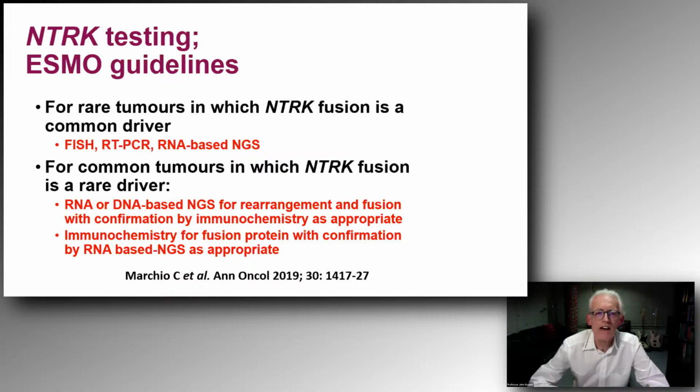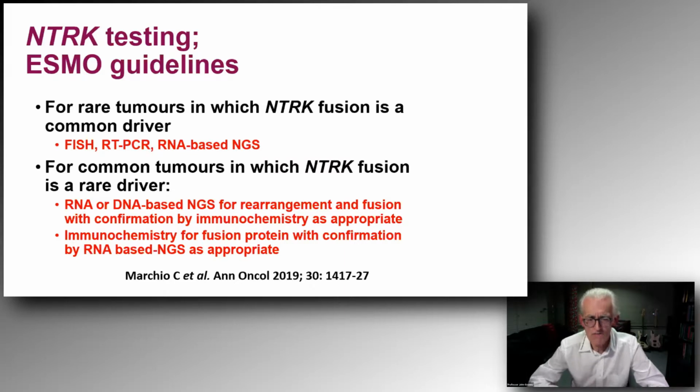Alternatively, you can use reverse transcriptase PCR, the kind of thing that you have in some modular genomic testing systems, or of course you can use RNA-based NGS. And these are the recommended approaches if you have one of these rare tumors. And indeed in pediatric pathology departments, they've been using FISH for some time in confirming that these rare childhood diseases are associated with NTRK fusion.